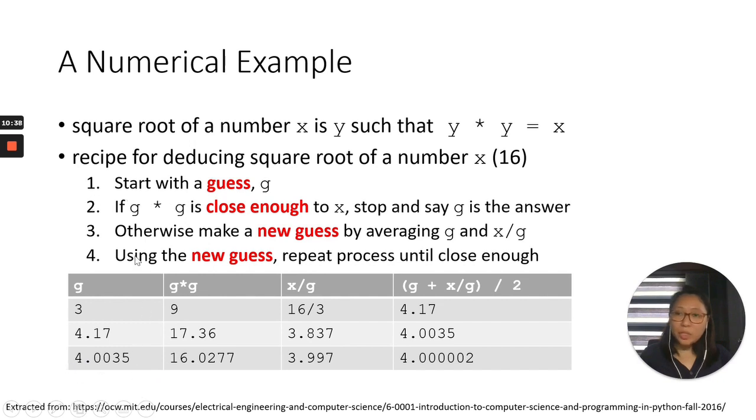With this new value of g, we go to step 2, and we get the value of g times g is 16.0277, close enough to 16. I do think yes. The answer is yes. So if yes, we stop and we say that g is the answer.